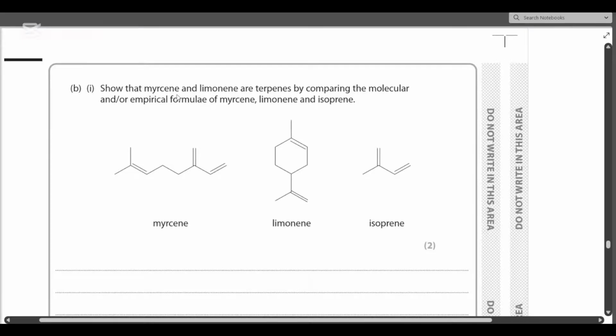Show that myrcene and limonene are terpenes by comparing the molecular or the empirical formulae of myrcene, limonene, and isoprene. If that's the case, you can see that the molecular formula of either myrcene or limonene is C10H16, because we can see very clearly that there are 10 carbons in both of these compounds, and also there are 16 hydrogens in both of the compounds, if you count so.